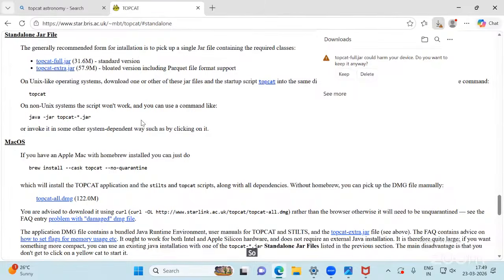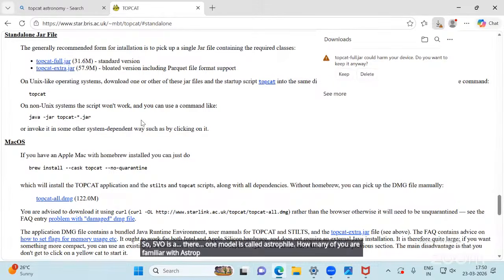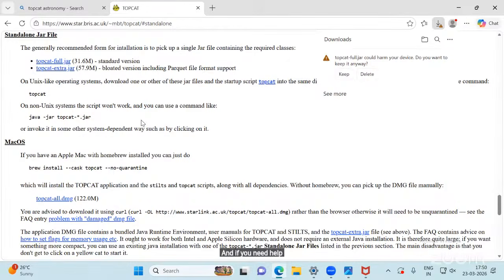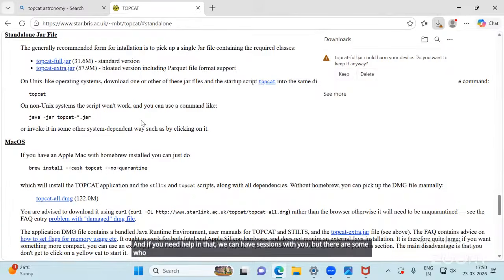PyVO is there, one module is called AstroPy. How many of you are familiar with AstroPy? Yeah. So exactly like you have pandas and you have NumPy and so on, you have something called AstroPy. And if you need help in that, we can have sessions with you, but there are some who already know it. If you want it, just write to Priya and then we can have some very introductory small sessions and share the notebooks with you.